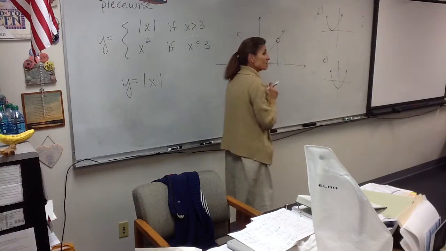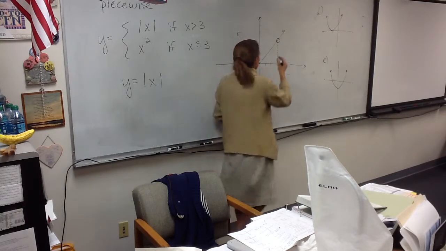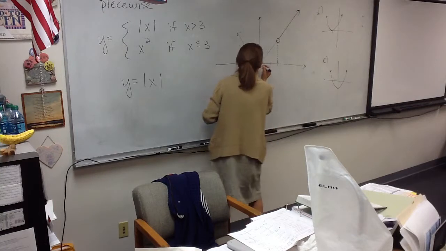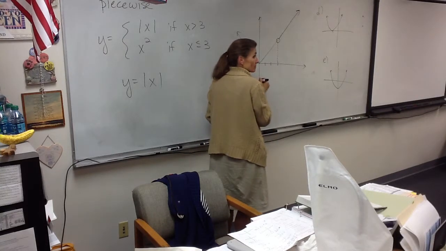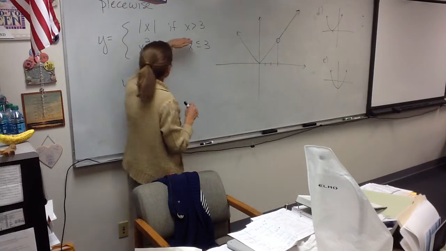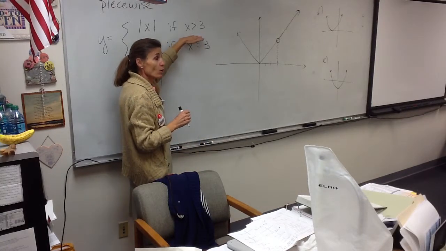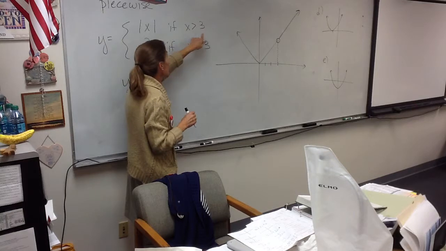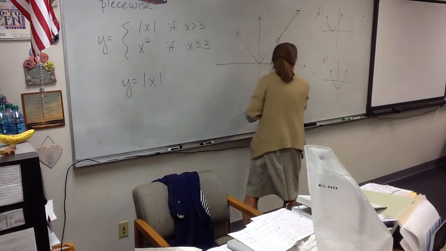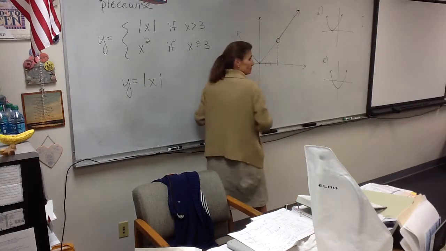That splits my curve into two pieces. I have this piece, and then I have this piece. Which of the two pieces do I want? This tells me I want only the parts of the curve where x is bigger than 3. So is x bigger than 3 here or here?